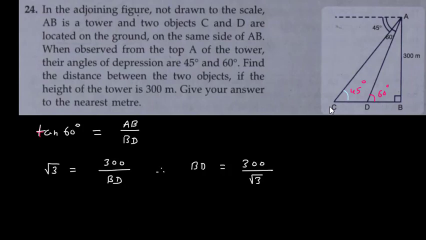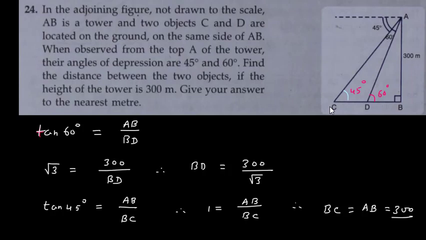Now second, we have tan 45 degree. Tan 45 degree is opposite, that is AB, upon BC. Now tan 45 is 1. So I have 1 is equal to AB upon BC. So BC is equal to AB, and this is equal to 300.